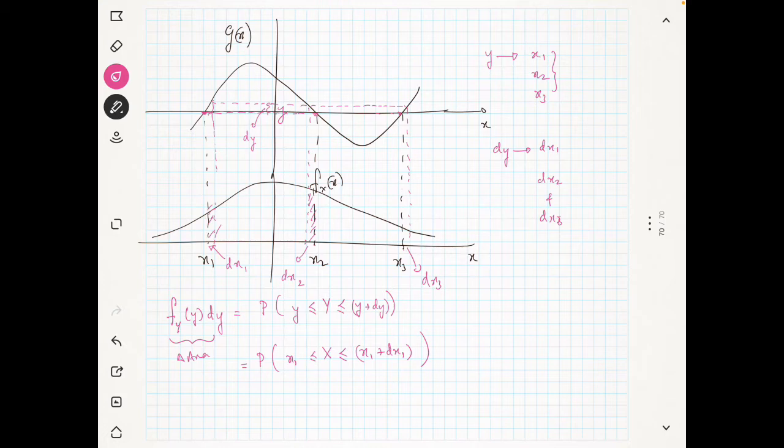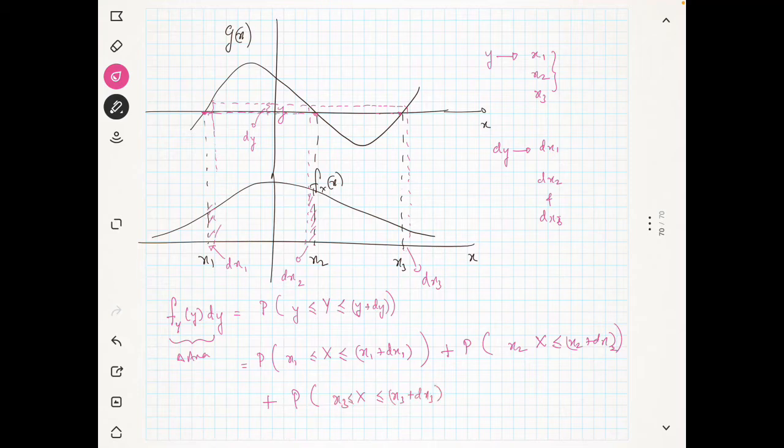It is coming from the probability that x takes the value between x1 and x1 plus dx1, plus the probability that x takes the value between x2 and x2 plus dx2, plus the probability that x takes the value between x3 and x3 plus dx3.